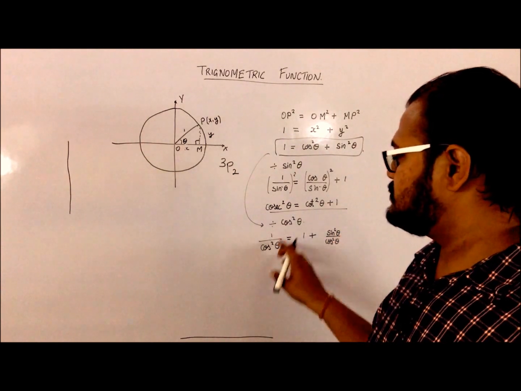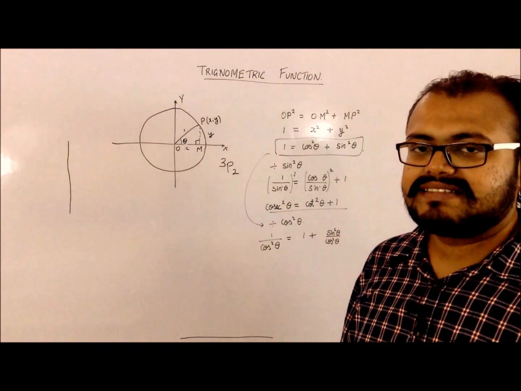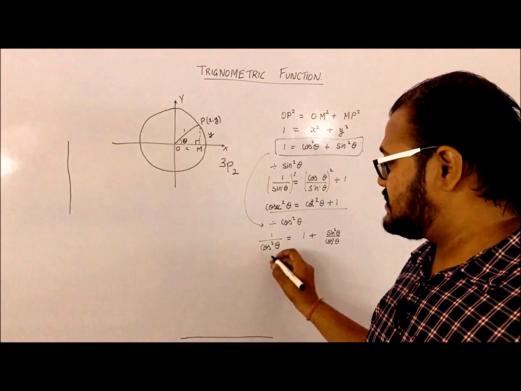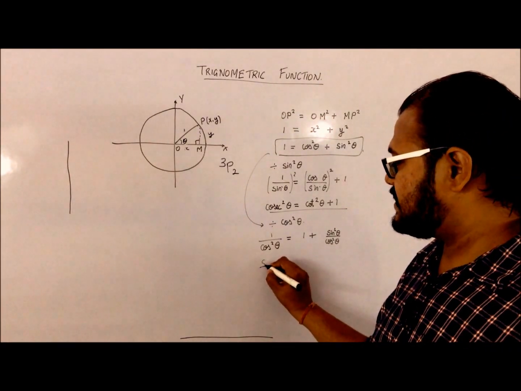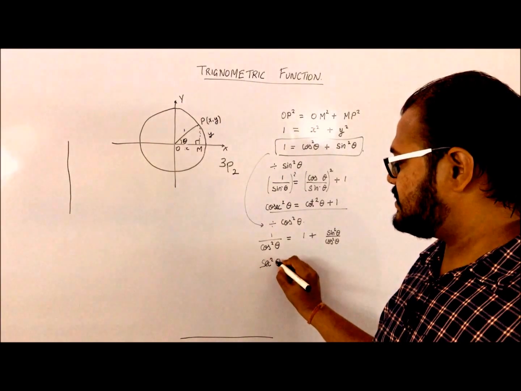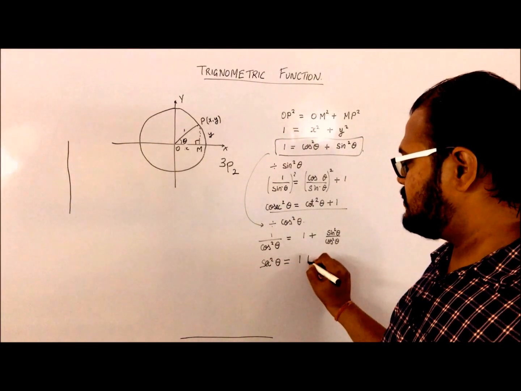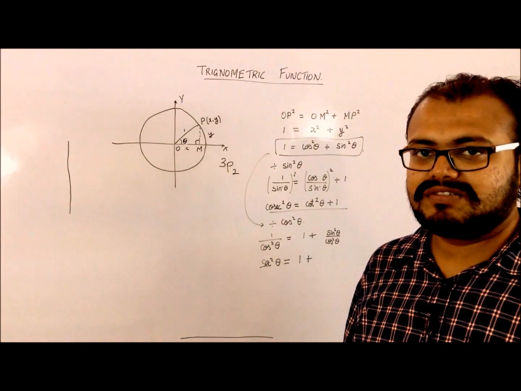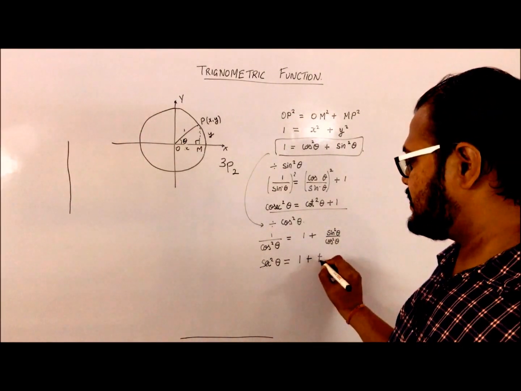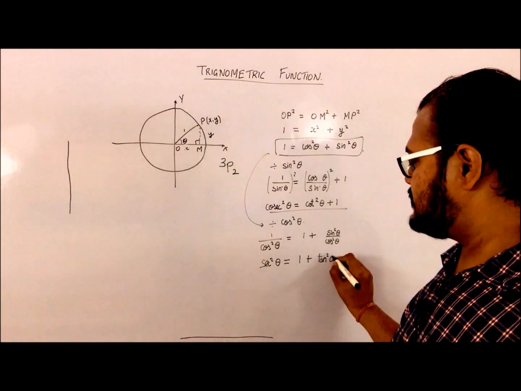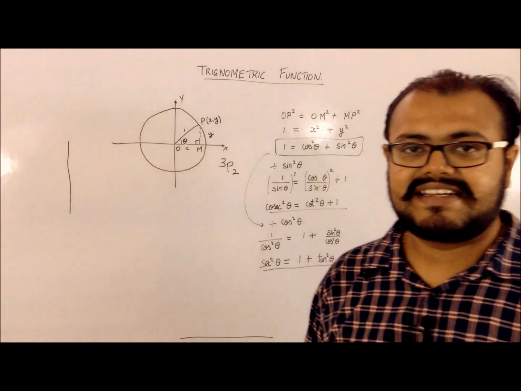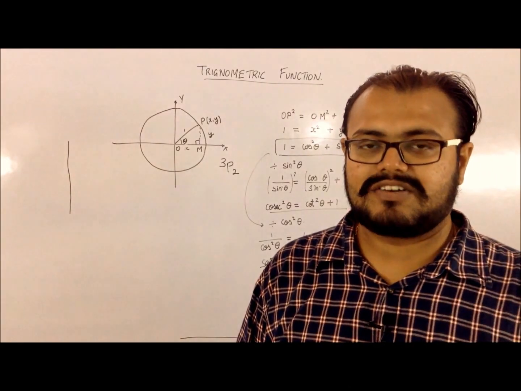On the same terms, my 1 by cos square is basically 1 by cos theta the whole square, which is nothing but sec square theta, equals 1 plus sine theta by cos theta the whole square, which you can recollect as tan square theta. So these are the three important identities which are seen in trigonometric functions.